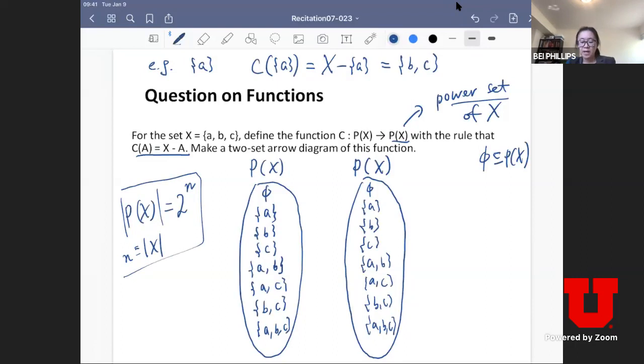Okay? But I need to use a 2-set arrow diagram to show the function. So the function is mapping the domain, which is left, to the codomain or the range of this function.